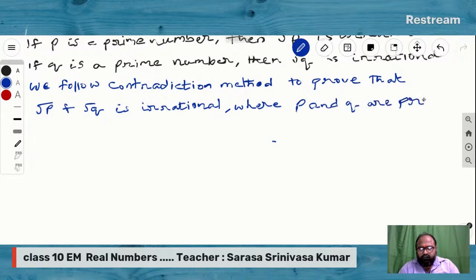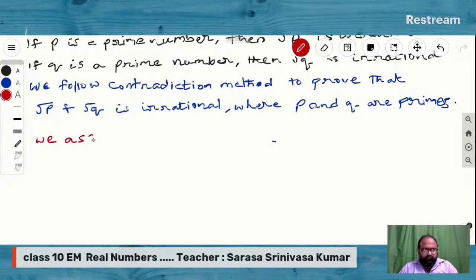So, by contradiction method, what we have to assume is that square root of p plus square root of q is not irrational. That is, we assume that square root of p plus square root of q is a rational number.